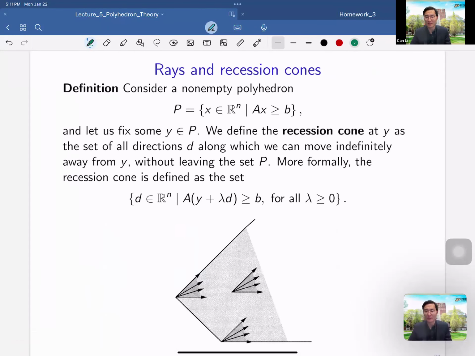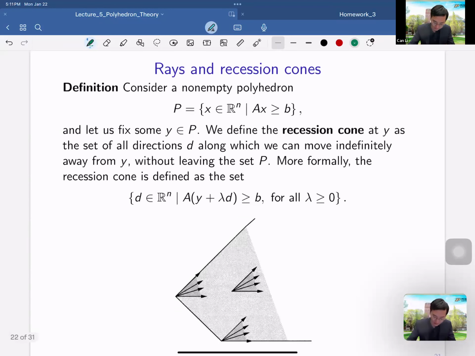Now we are going to define a few other geometric concepts, including rays and the recession cone. Okay, so let's define what that is. If you look at this polyhedral set defined by Ax greater than or equal to b, let us pick some point y that is in the polyhedron.